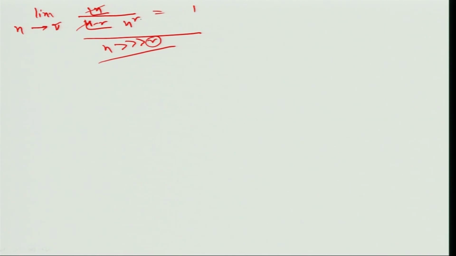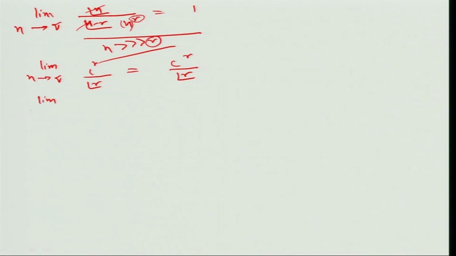Because R is much smaller, even the n to the power of R will not have a significant contribution in this case. The other issue is the limit of n going to infinity of C to the power of R by factorial R. This value is independent of n, so it would remain C to the power R by factorial R.